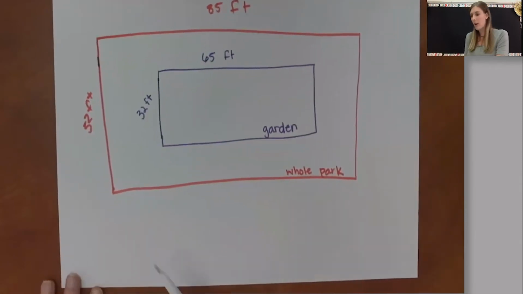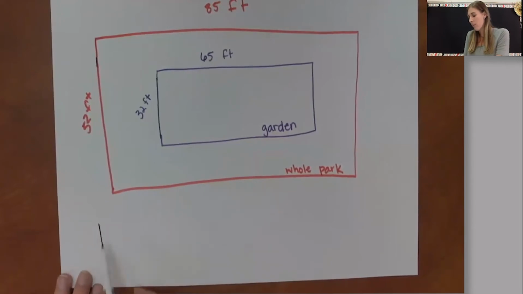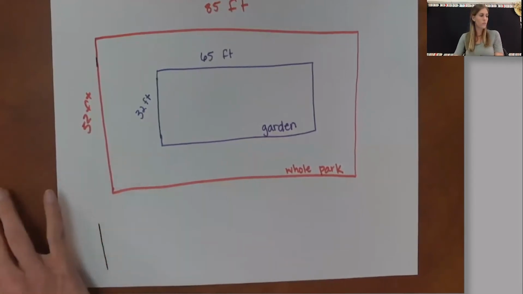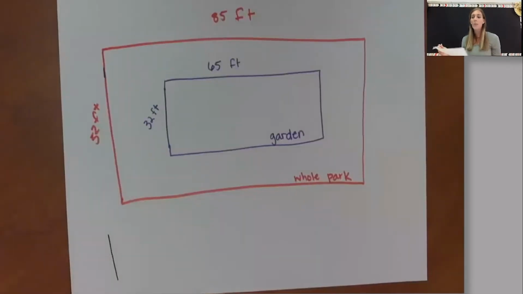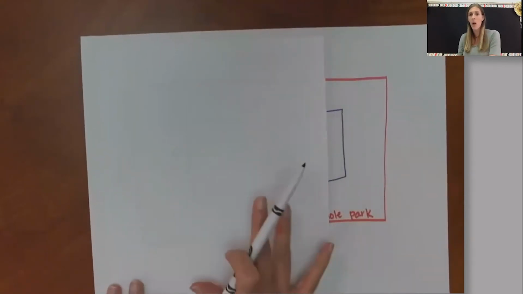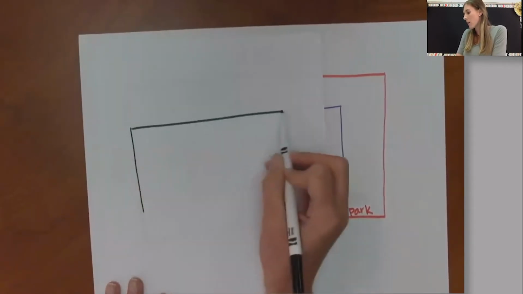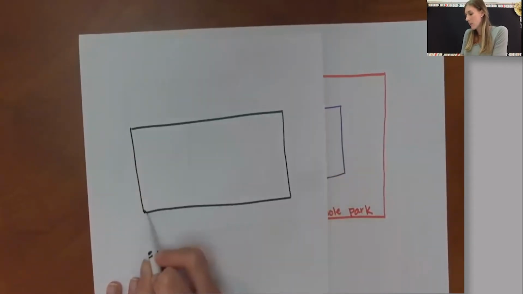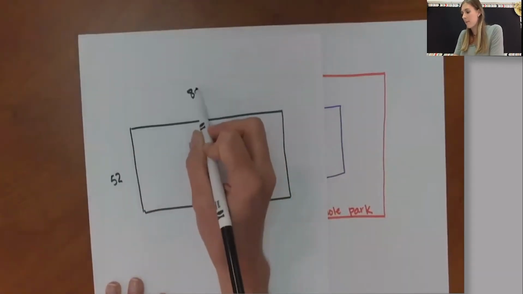So I'm just going to go down here and kind of draw a smaller scale. Okay, so I'm going to find the area of the whole park by using an area model. So the whole park, we said, is 52 feet by 85 feet.